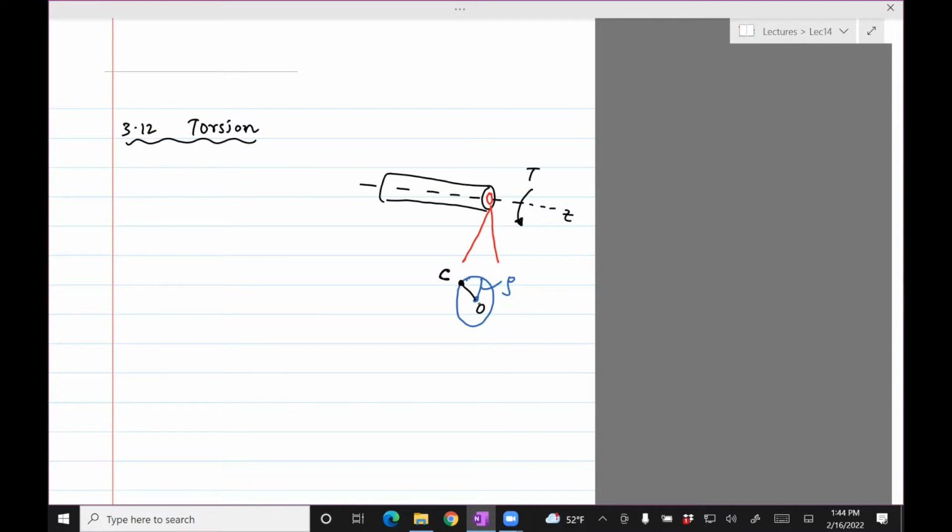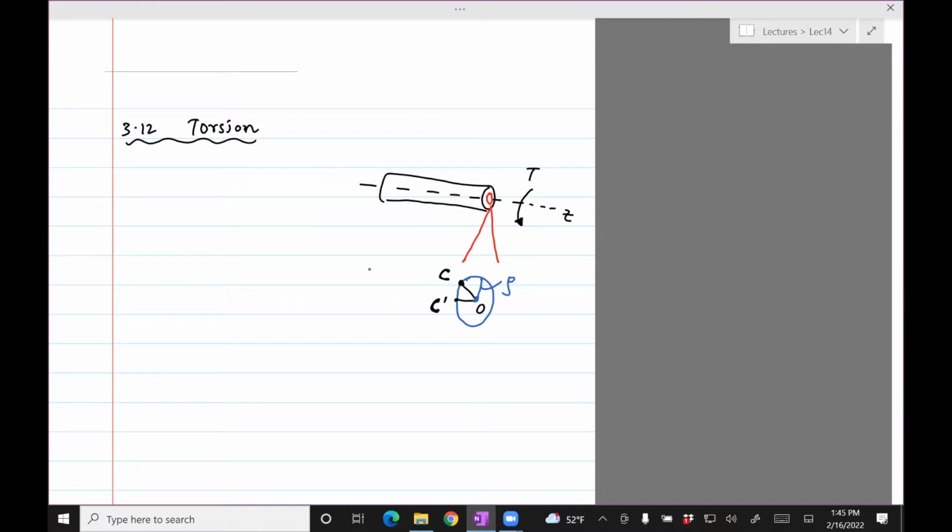And then we twist it, we apply a twisting moment. The moment we put a twist, you will see that this OC will move along the theta direction, the circumferential direction, and move to a new position C prime. That's what torsion will do. It will twist the shaft, right?